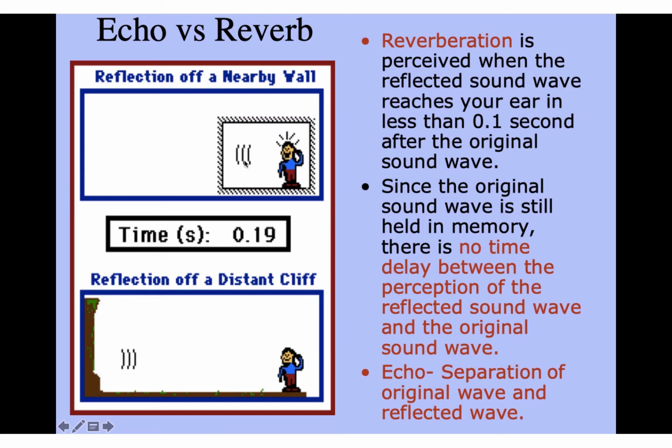The wave reflection is going to be so fast that his brain doesn't have a chance to tell the difference between the original wave and the reflected wave. And so what happens is that it sounds fuller, like there's more sound there, because there is more sound, because you're hearing both the reflection and the other wave. Reverberation may be a little button on your guitar amplifier that makes your guitar sound a little bit fuller. So anyway, that's why you sound better in the shower, because of that reverberation in there.